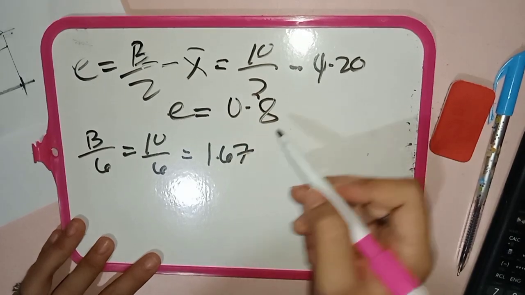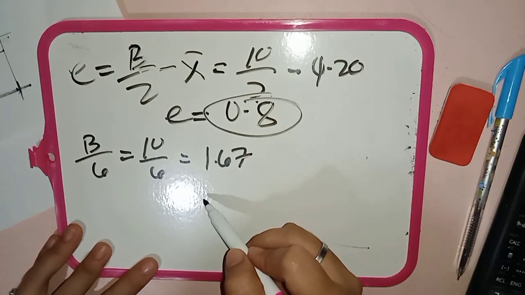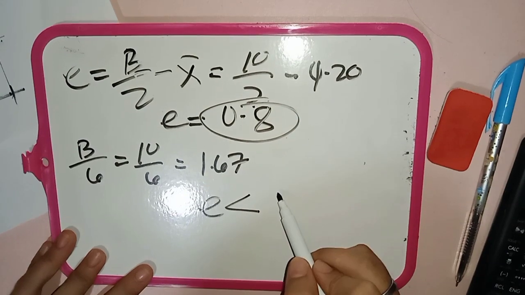Since E is smaller than this, our E here is less than B over 6.